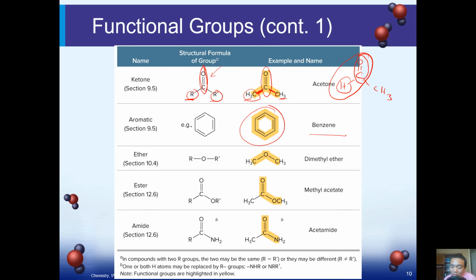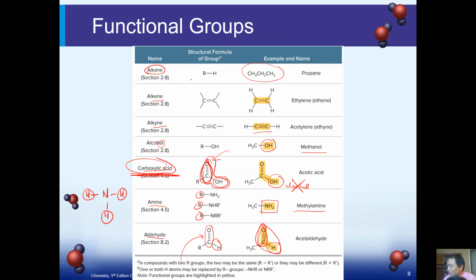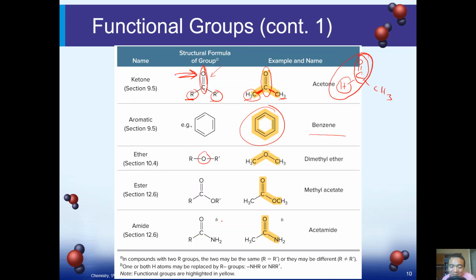All right. What about ether? Ether contains oxygen, but as you can see, many organic compounds have oxygen. Like you see here, that's oxygen. Look at the previous ones. Oh, you see oxygen, oxygen, oxygen. So what I'm emphasizing here is that oxygen by itself does not make an ether.